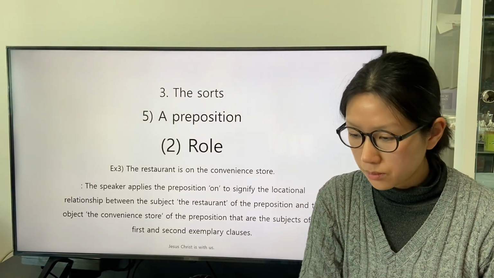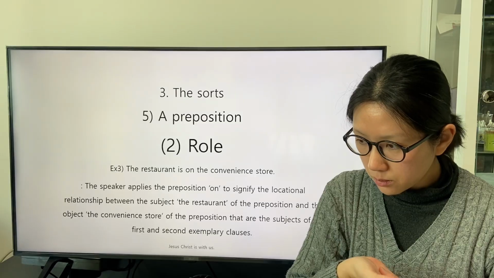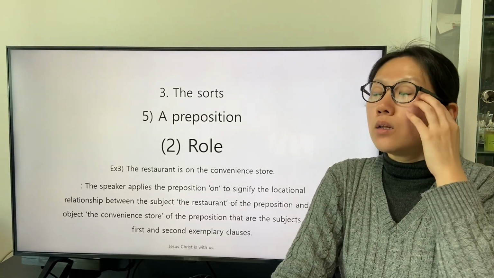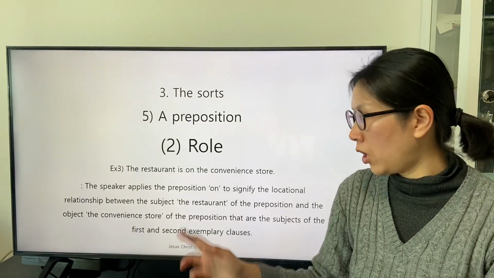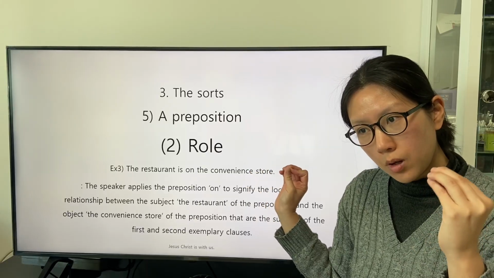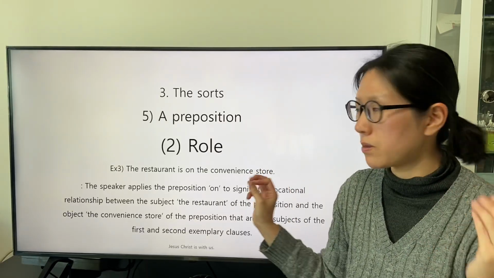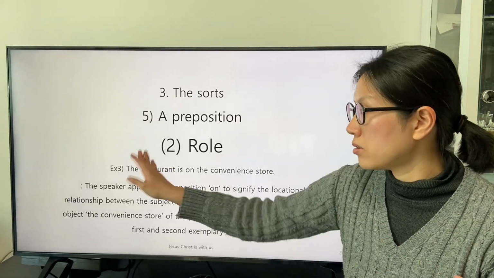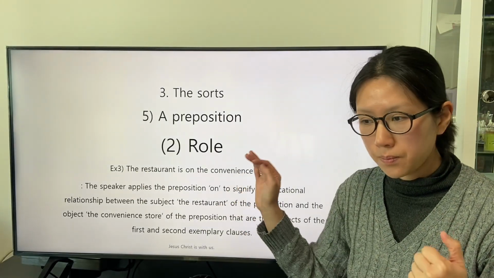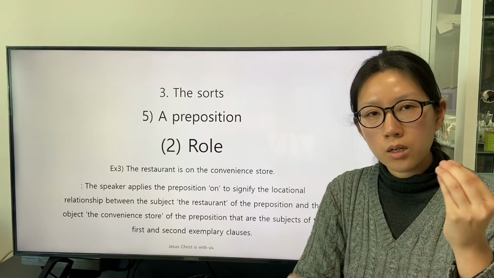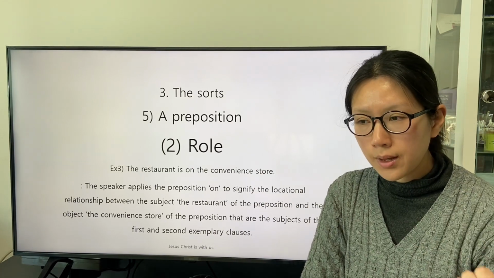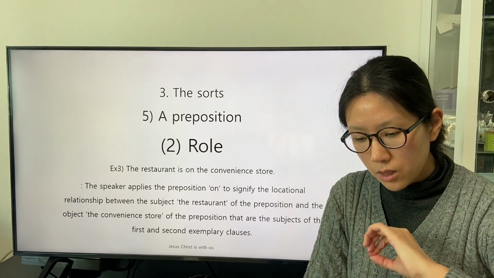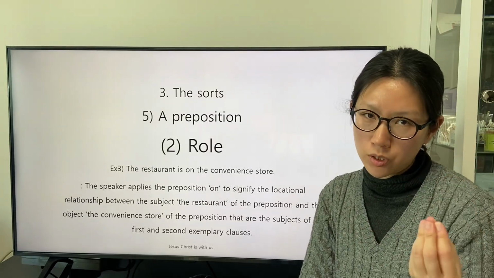So, by the way, the mediation by the preposition on mediates the subject-object relationship with the definition of the preposition.